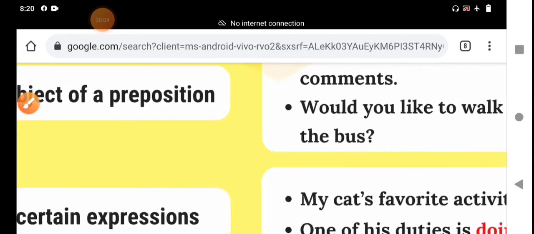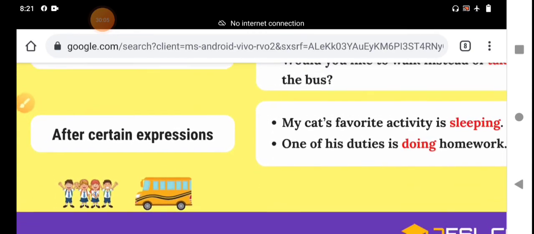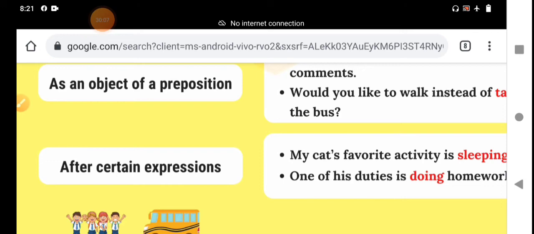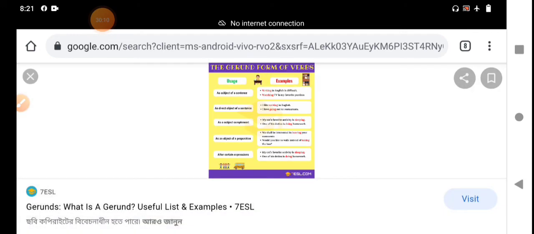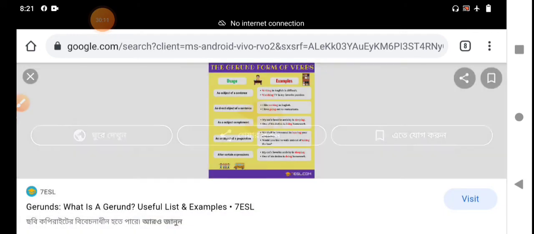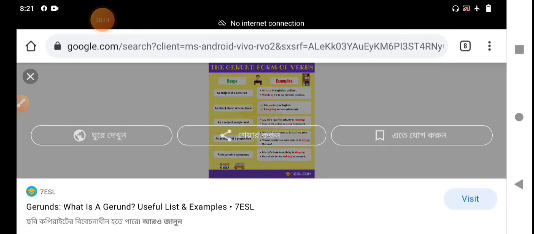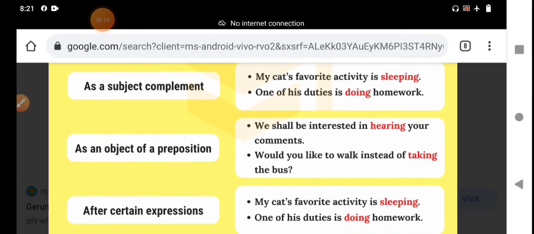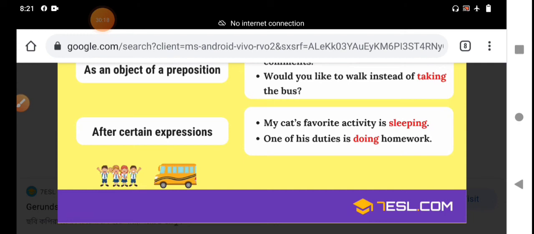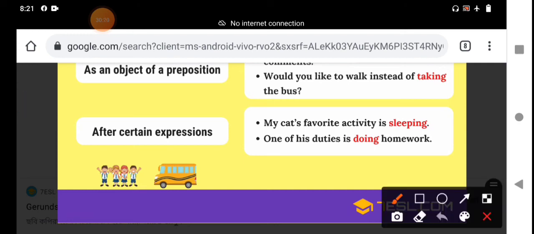Then we go to the next and last function: after certain expressions, we should use the gerund. My cat's favorite activity is sleeping. It is also a complement. One of his duties is doing homework.